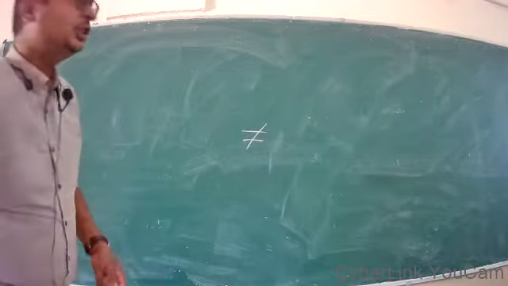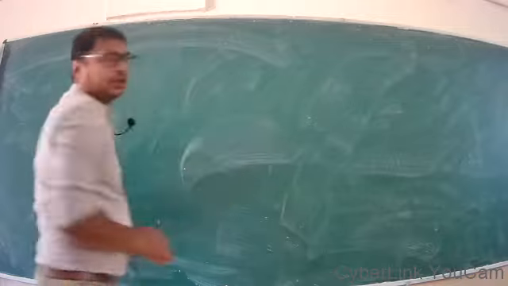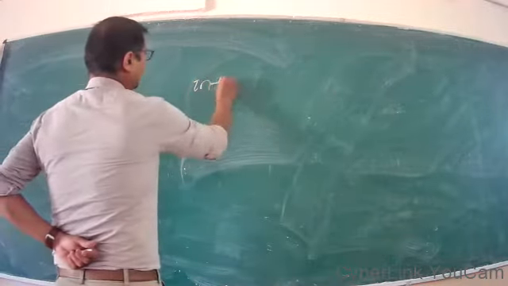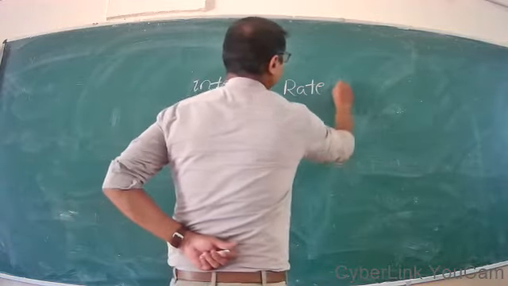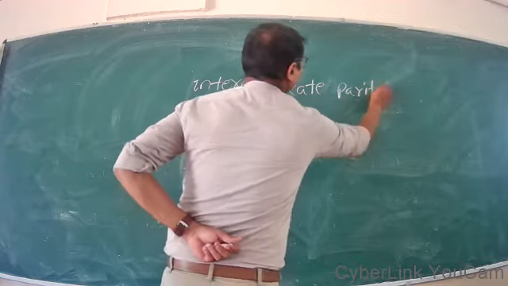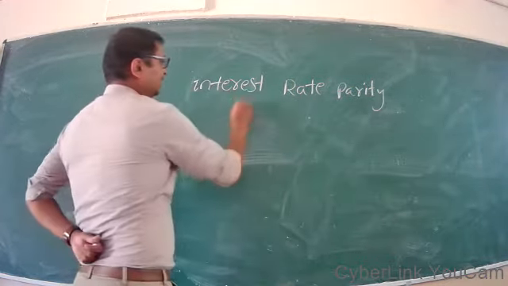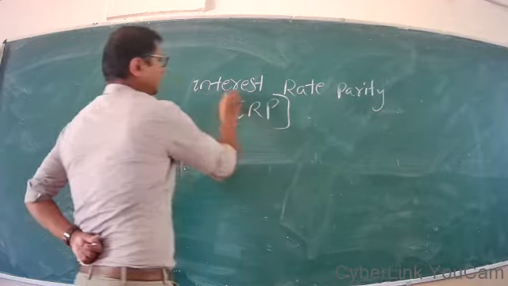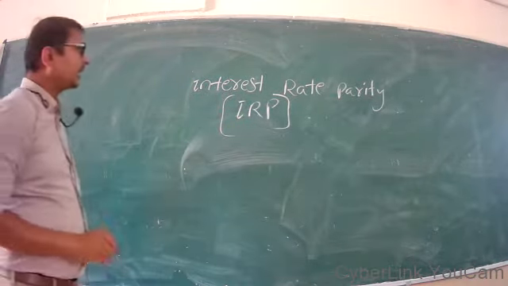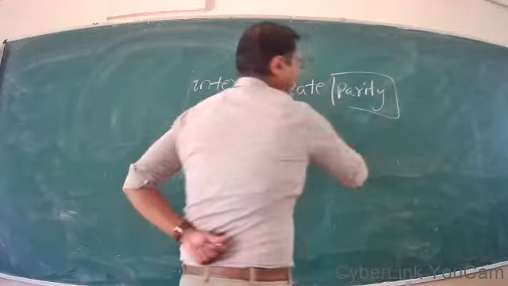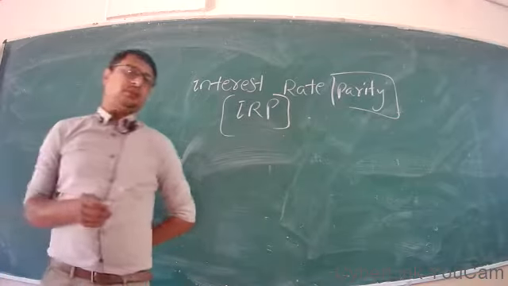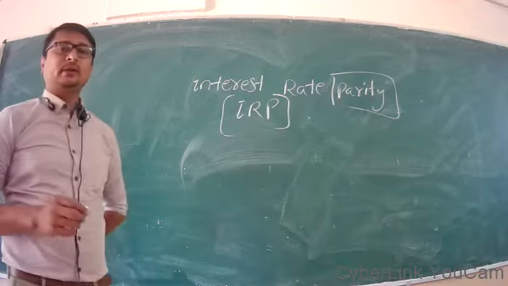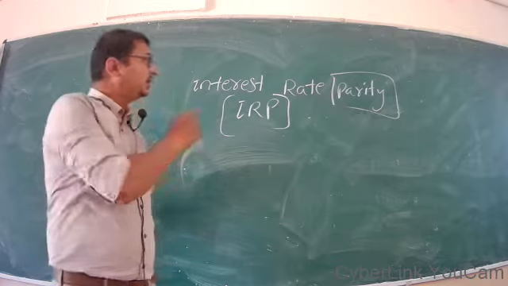The next theory we are going to discuss is interest rate parity theory, or in short, IRP. Again there is the word parity. Parity means match, equal. So there must be two variables we are going to compare under this theory.